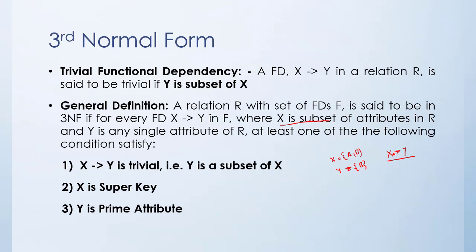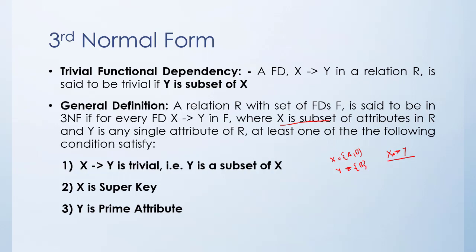The second condition is X is a super key. And the third one is Y is a prime attribute. Remember, if for each and every functional dependency any one of the conditions is satisfied, we are going to say that the relation R is in 3NF. So taking these three conditions, we are going to determine whether our relation is in 3NF or not.